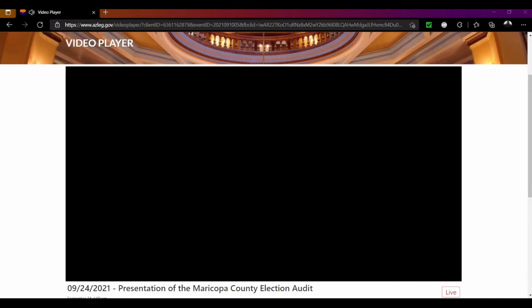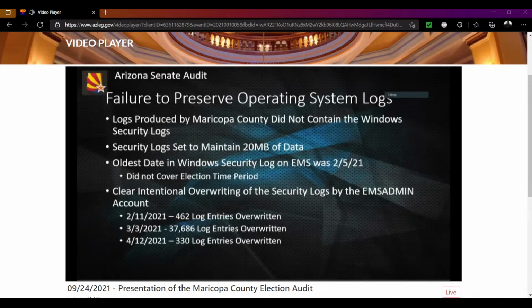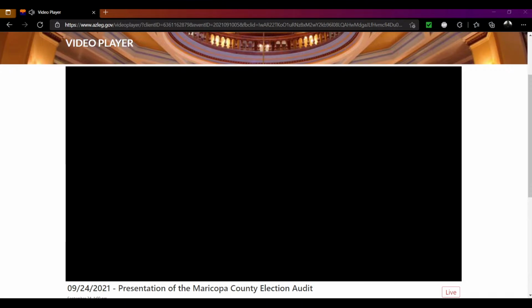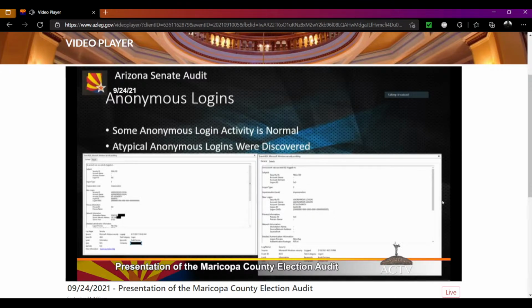What you see on the left is something that we discovered in the logs, which is what I call an atypical anonymous login. Okay? You will notice that none of those items that are captured by normal activity are present in this log. You don't have an IP address of the originating device.